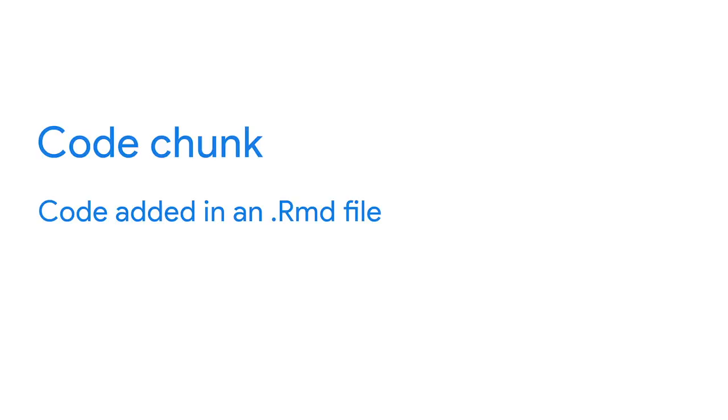Now comes the heart of an RMD file, the code. Code added to a .rmd file is usually called a code chunk. We've shown you these code chunks in some of the RStudio sessions we've been running, and you may have noticed code chunks if you've been practicing along with us. Now, we'll show you what they're all about.